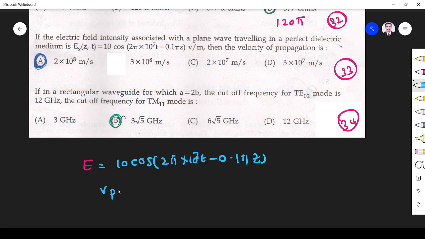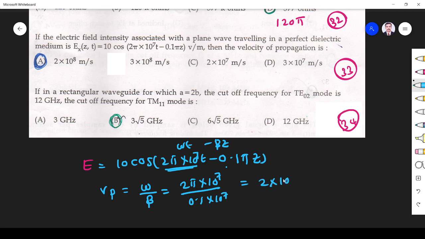Velocity of propagation Vp is equal to omega by beta. The general form is cos(omega t minus beta z). Omega is 2 pi into 10 power 7, beta is 0.1 pi. So it is 2 into 10 power 8. So the answer is option A.